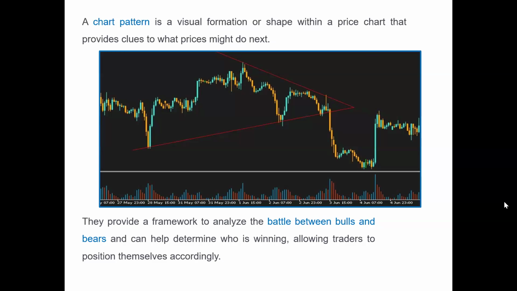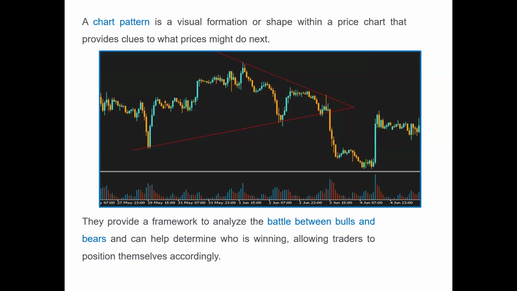Generally speaking, when there are more buyers than sellers, the market will go in a bullish direction. And when there are more sellers than buyers, the market will go in a bearish direction. When there are an equal number of buyers and sellers, the market will experience a state of equilibrium, where it's neither buying nor selling, and the market is said to be in a ranging trend.